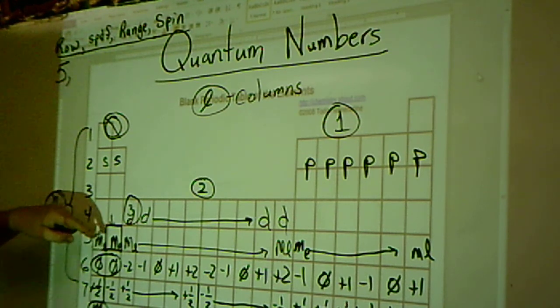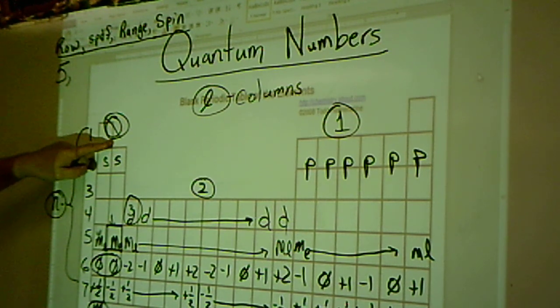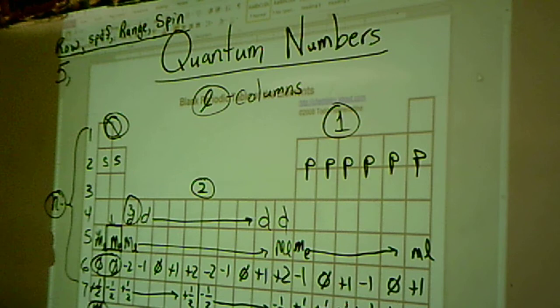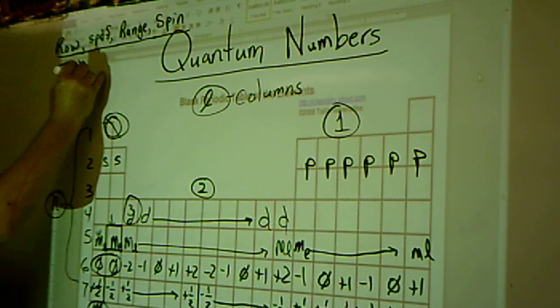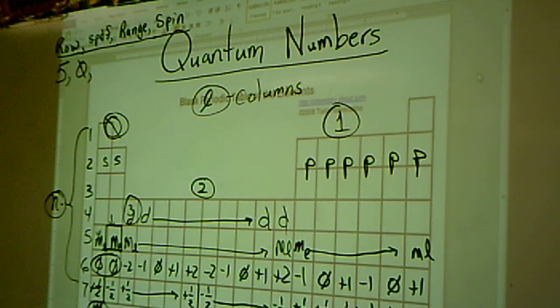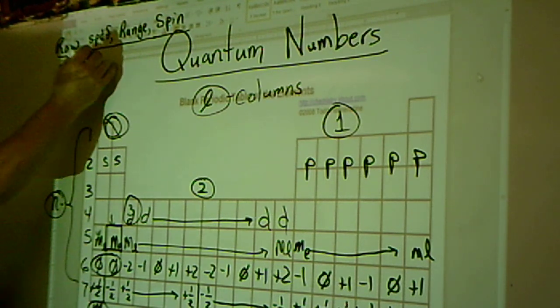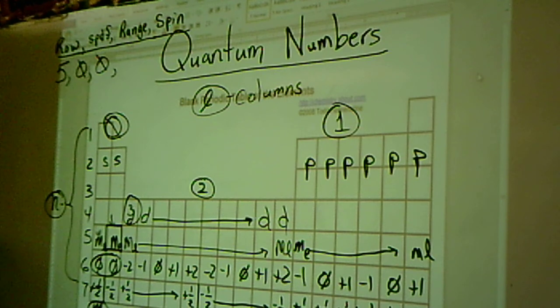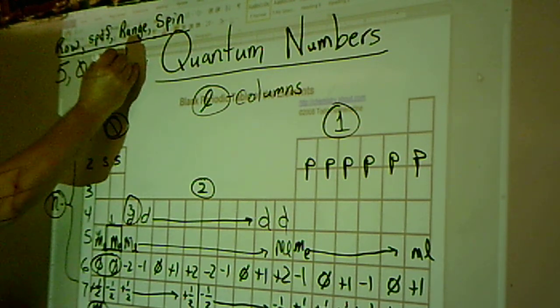It's in the S's, so the next one, if it's an S, P, D, or F, the S is a 0. It's still in the S's. My range is from 0 to 0, so it's 0. And then your spin direction is going to be a negative 1/2.